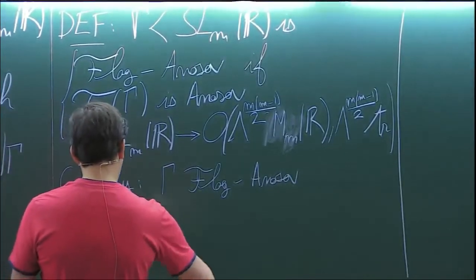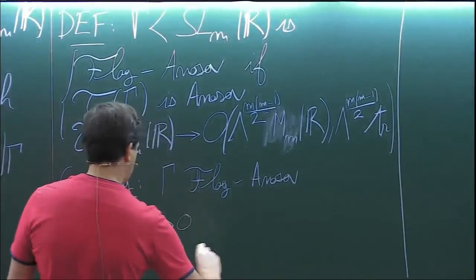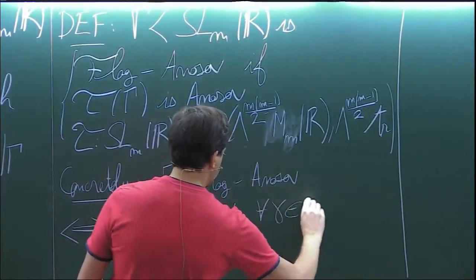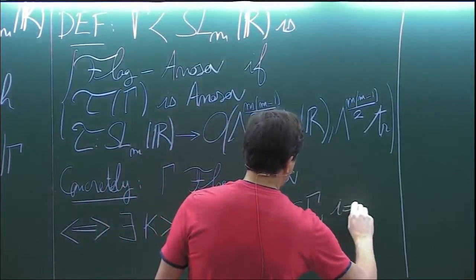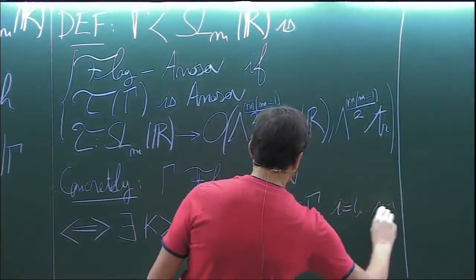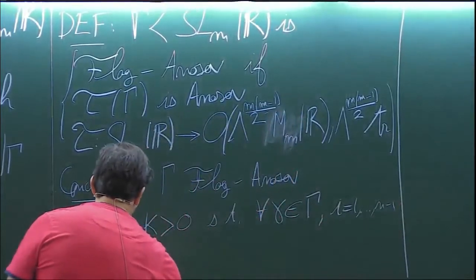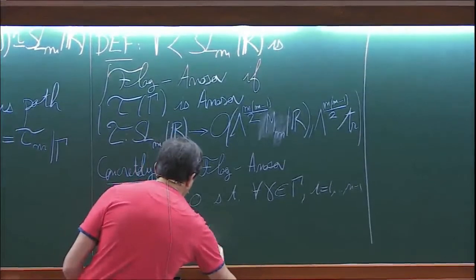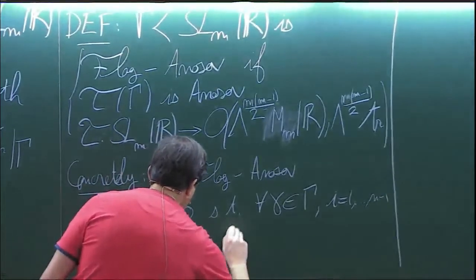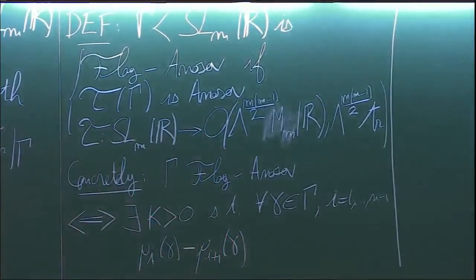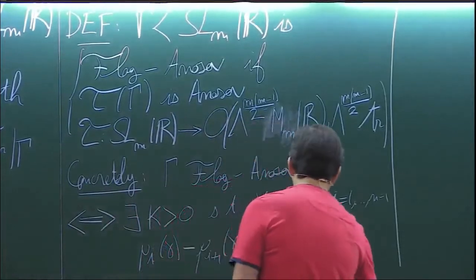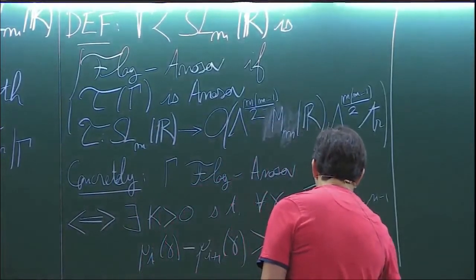There exists k positive such that for every gamma in the group and i between 1 and n minus 1, the gap between the i-th logarithm and the (i+1)-th logarithm of the singular value of gamma is bigger than k times the length of gamma minus 1.